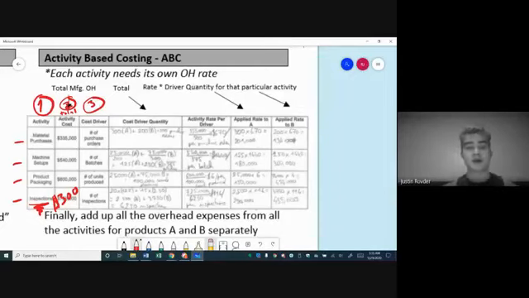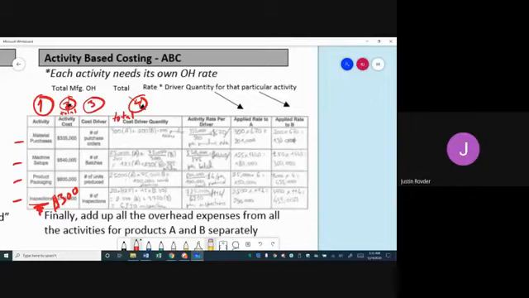So number 4 is just to figure out what is the total quantity of that cost driver for each activity. Now, they may just give these to you, but oftentimes they'll make it a little more complicated. A question may say something like this.